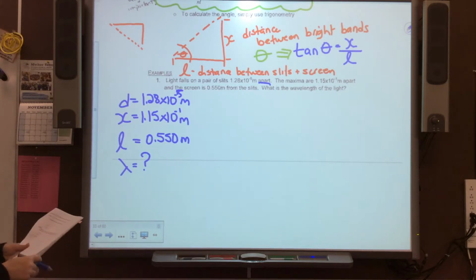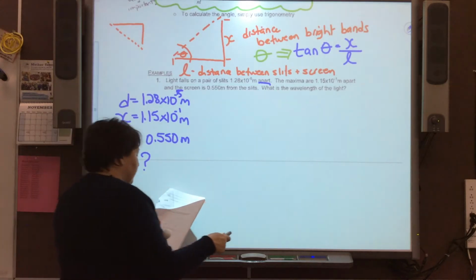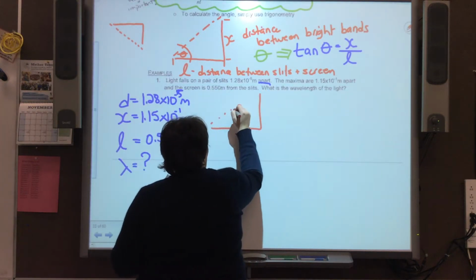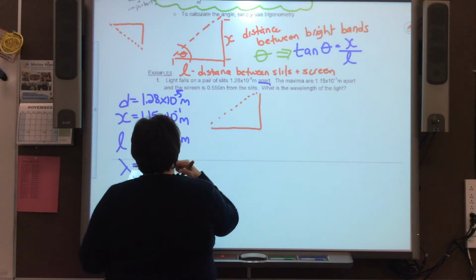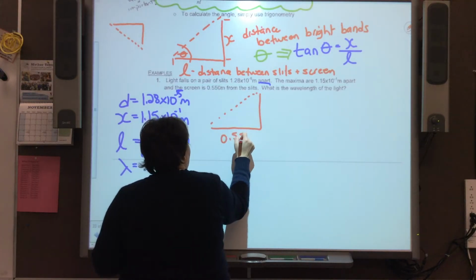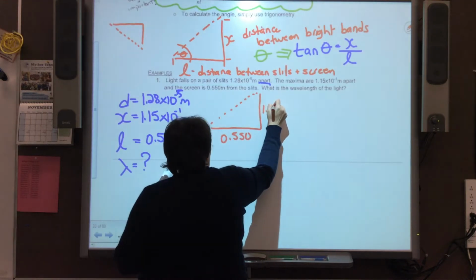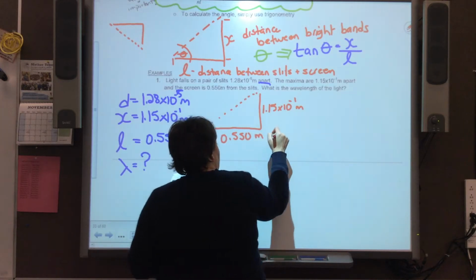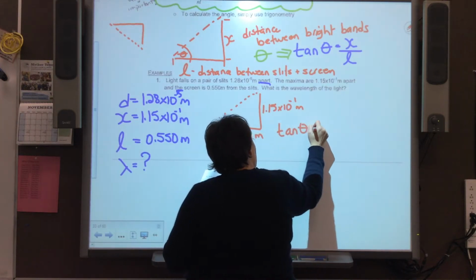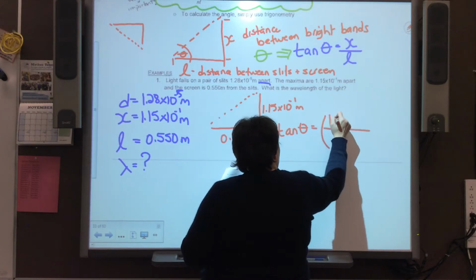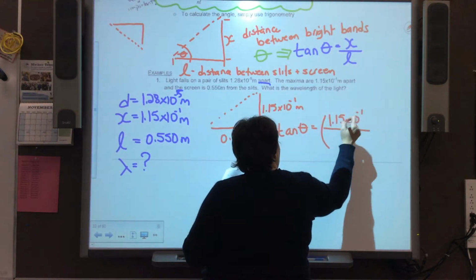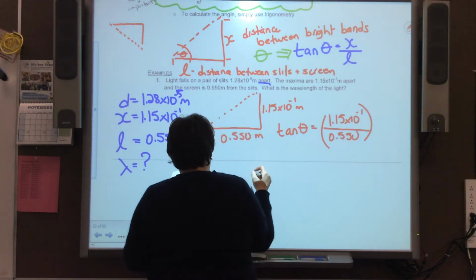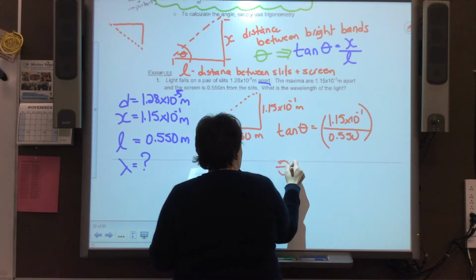Okay? So let's do an angle test. L is 0.550 and X is 1.15 times 10 to the negative 1 meter. And then we're going to figure out theta.